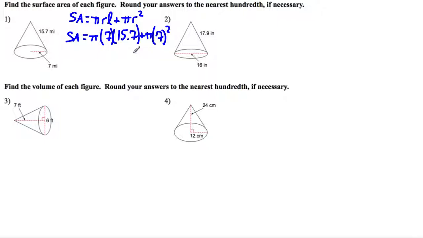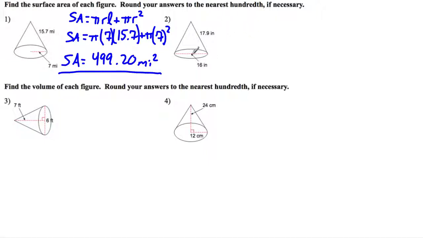So if we multiply 7 times that initial pi times 15.7, and we add that to 49 times pi, we are going to get that the surface area is 499.20 miles squared. It's a pretty big cone.